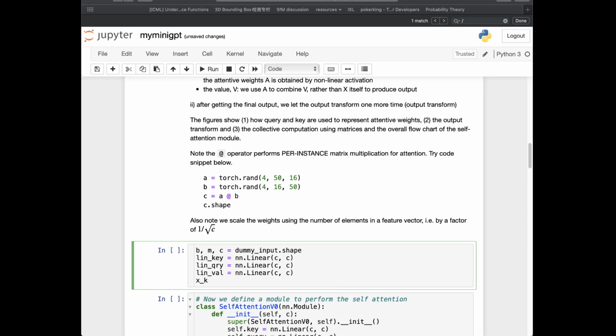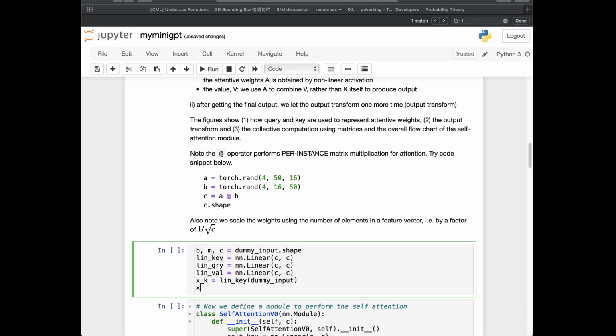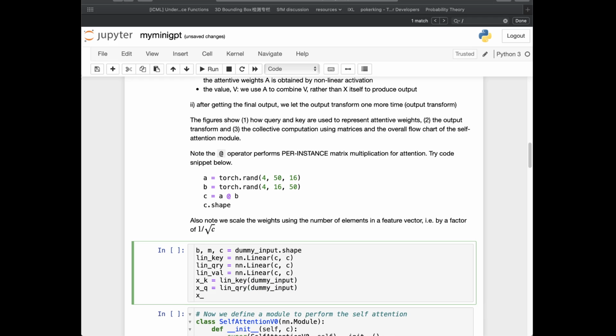So xk is named the key dummy input, xq the query dummy input, and xv the value dummy input.